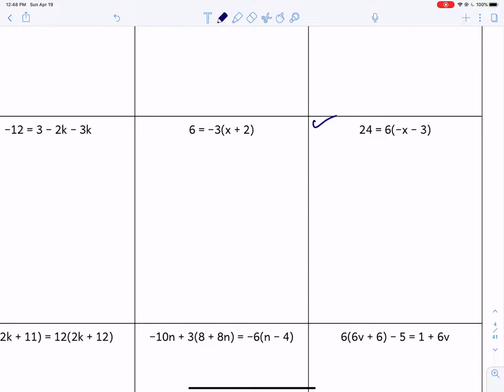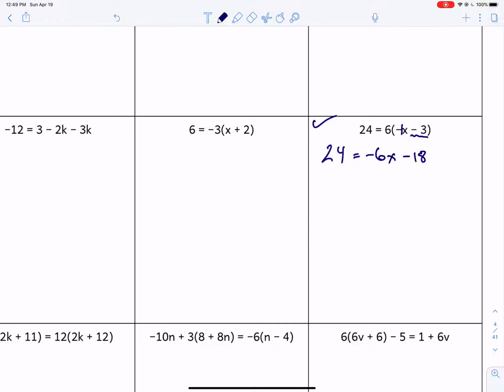All right, so the right side stays as 24, and then the left side stays as 24. The right side, we're going to multiply this. So there's a negative in front of the x. Just keep in mind that's a 1 there, even though we don't write it. So 6 times negative 1x is negative 6x. And then 6 times negative 3 is negative 18.